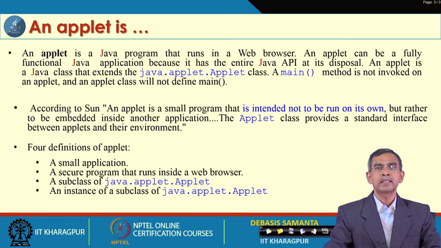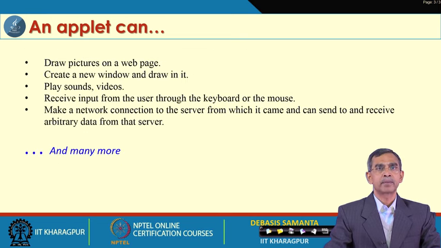The Applet class basically is an abstract class which we have to inherit for our applet program. It is also alternatively called an instance of a subclass of java.applet.Applet. So, this is the different way an applet can be defined. However, core and AWT are not like the applet.